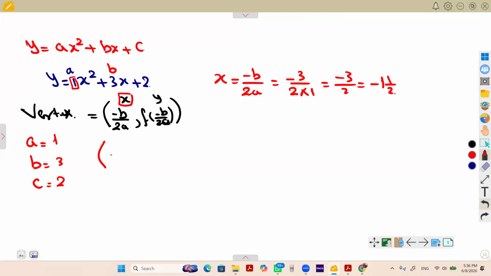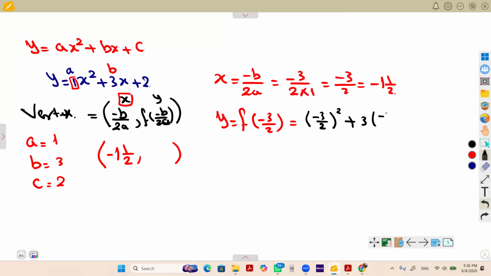So the x coordinate is negative 1.5. Then how can we get y? Y is the function of negative 3 over 2. This means we have to substitute negative 3 over 2 instead of x in this function: negative 3 over 2 power 2 plus 3 times negative 3 over 2 plus 2.